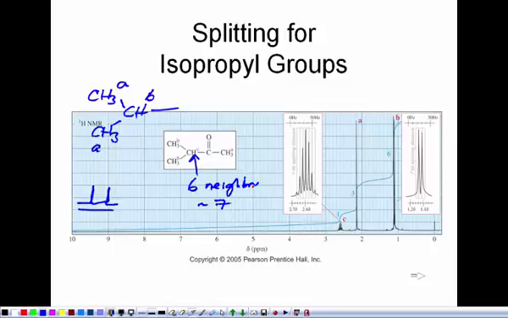And so for an isopropyl group, you're always going to see a 7-peak pattern and a doublet. That's a telltale sign that you have an isopropyl group in your molecule. Otherwise, if you're a hydrogen and you have 2 equivalent groups on either side of you, you just see a single group. Okay? But unfortunately, this is the exception to the rule.